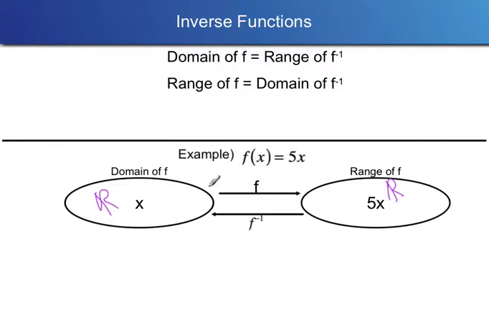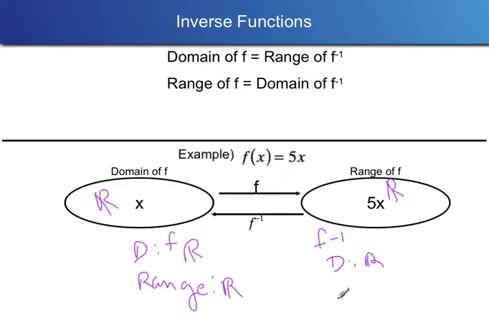So in this example, the domain and the range of f are both all reals. And the domain and the range of f inverse is again all reals. And we'll see cases where we have something other than all matching in a little bit.